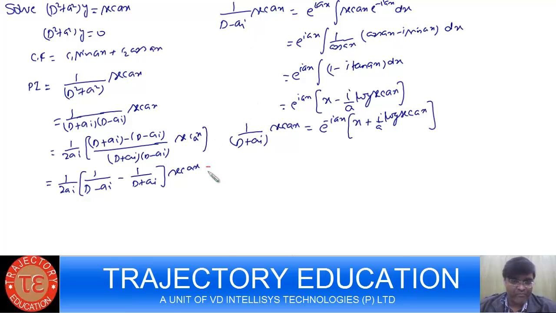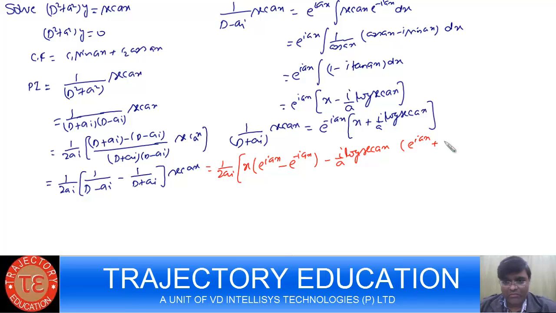If I take the difference, this comes out to be 1/(2ai) times [x(e^(iax) − e^(−iax)) − (i/a) log sec ax (e^(iax) + e^(−iax))], like this.